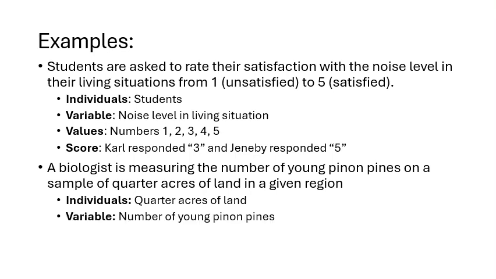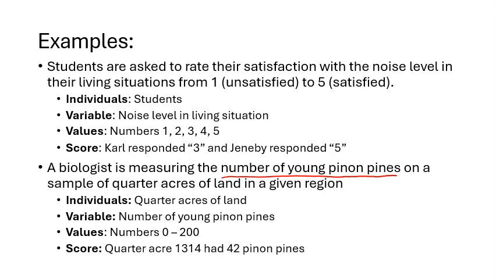The variable is the number of young pinyon pines. The values, well, I don't know, the biologist would find out the smallest, but we could imagine that some of these 1/4 acre plots would have 0, and maybe some would have 200. I don't know what the maximum would be, but the biologist would be finding out.